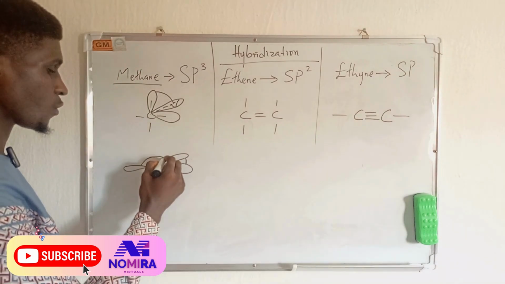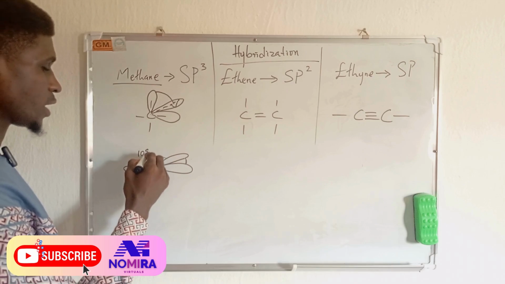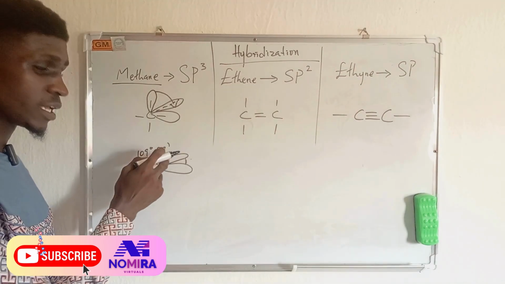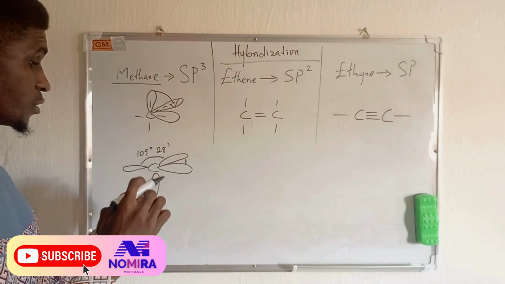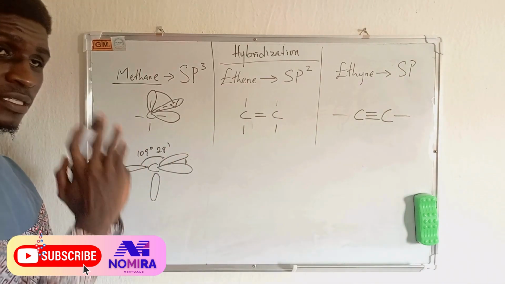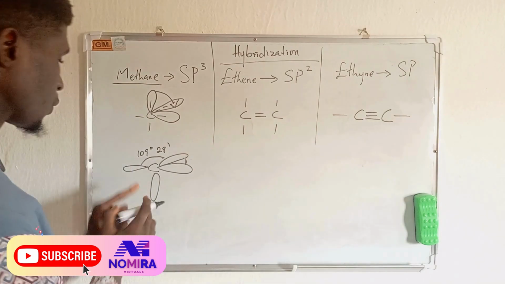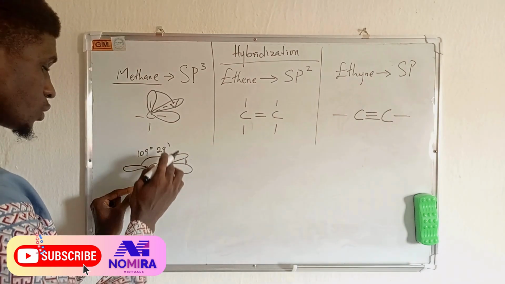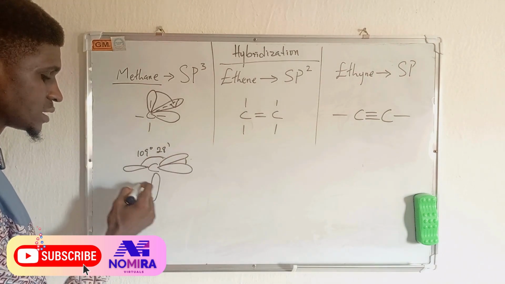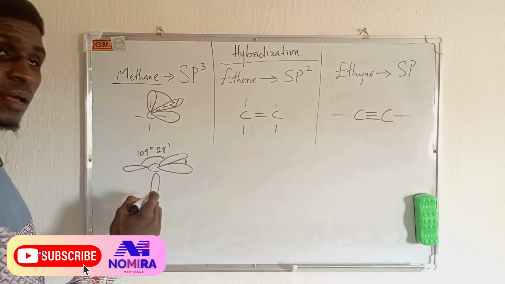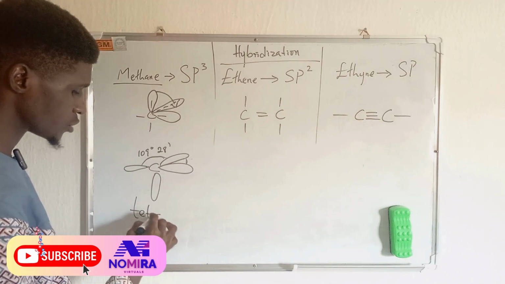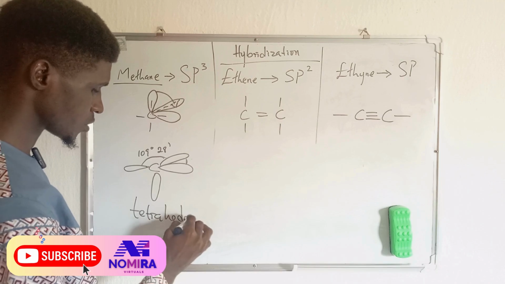Here is going to form 109 degrees 28 minutes. This bond angle will be formed here, but in reality, what actually happens is that this and this become equal as a single energy, while the other ones adjust so that this same value for the bond angle will also exist here and here. So the shape we are seeing here is called the tetrahedral shape.